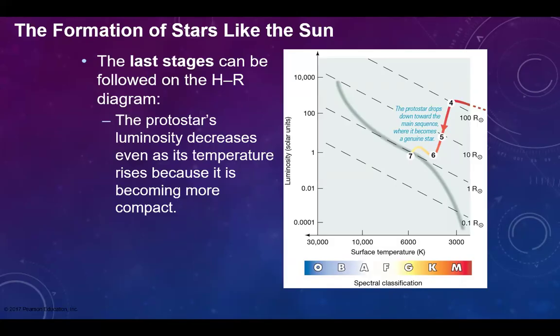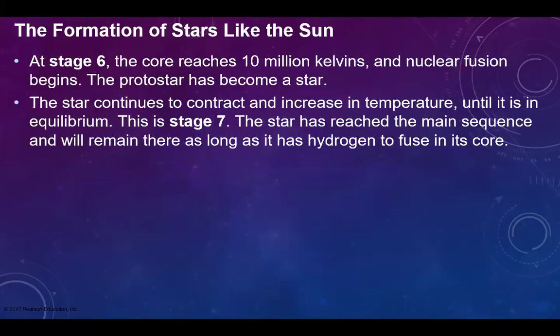And then eventually the core will reach 10 million degrees Kelvin. Nuclear fusion will begin. The protostar will become a star. And then shortly afterwards, that star will reach a stable state. So once it becomes a star, the core starts emitting a lot more energy.